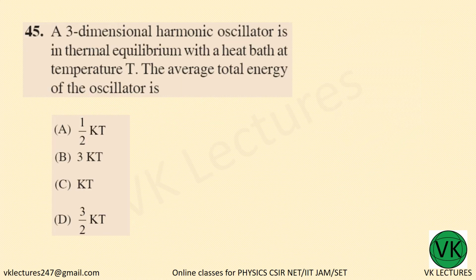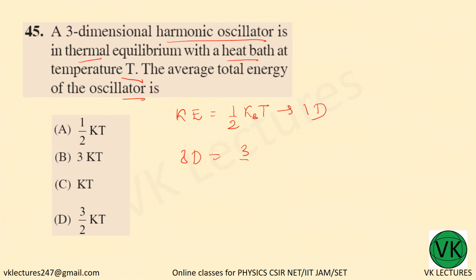A three-dimensional harmonic oscillator is in thermal equilibrium with a heat bath at a temperature T. What is the average total energy of the oscillator? If the kinetic energy was asked, kinetic energy is equal to half kBT for one dimension. For three dimensions, it is 3 by 2 kBT.